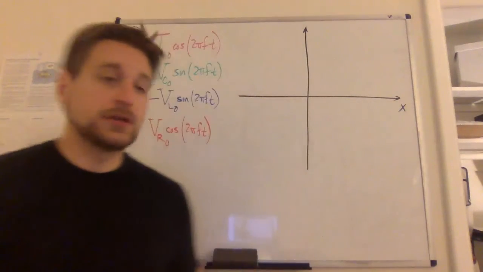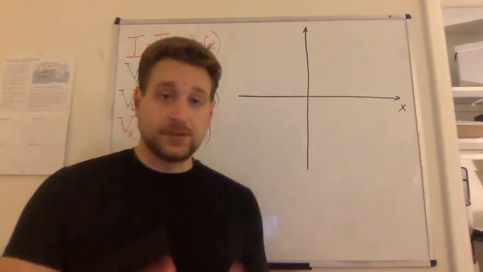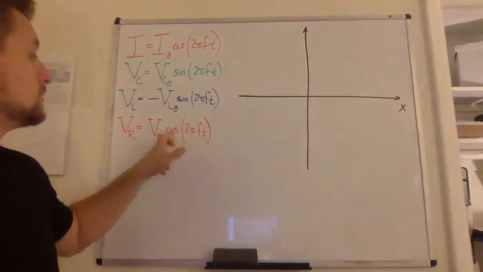Let's start the picture at time 0. Now, at time 0, cosine of 0 is 1.